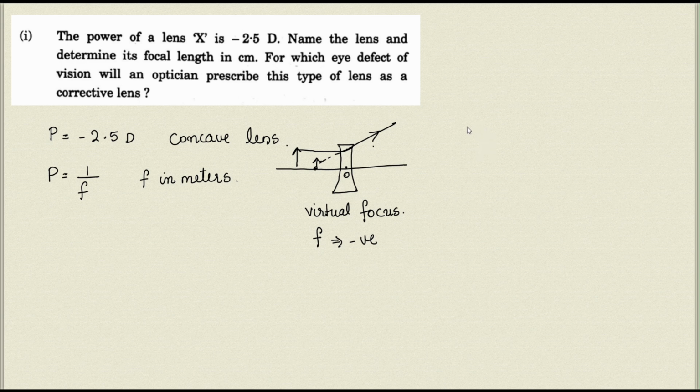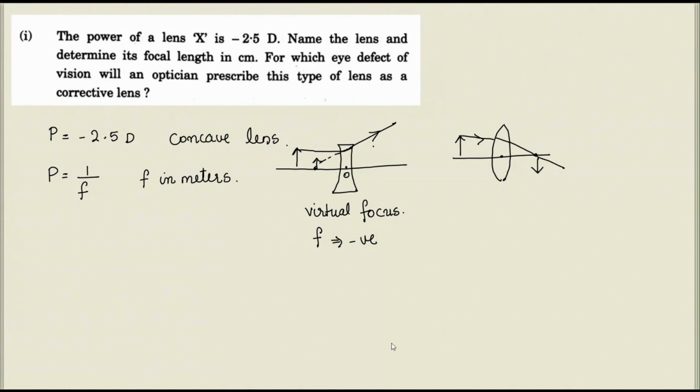But in the case of a convex lens, what will be the sign of the focal length? Except in one case, in all other cases, the image is formed on the other side of the object. If the object is towards the left of the optic center, the image will be formed on the opposite side, right? In the case of a convex lens, the light rays will be converged on a point on the principal axis, and that will be the focus, right?